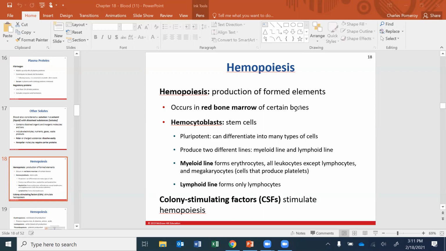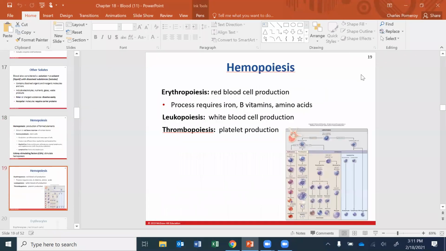So hormones do come into play, and then you have these other signals called colony stimulating factors, or CSFs. You'll hear about those in hospital settings, blood work, and MLT classes and stuff like that. CSFs basically coax the hemocytoblast into becoming a particular type of cell.